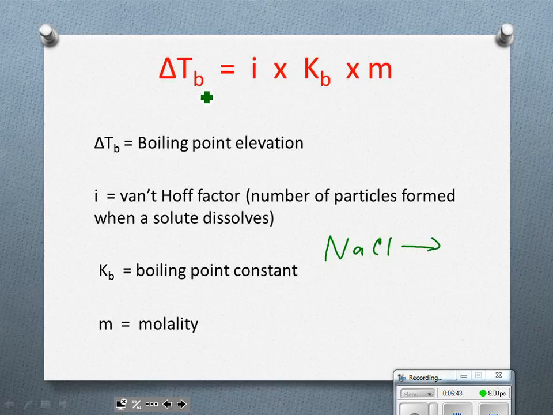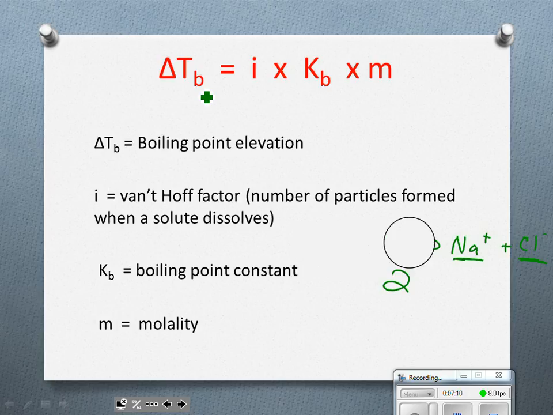When we dissolved it in the water, it dissociated into Na+ and Cl-, correct? Now, how many things did that dissociate into? 2. You know what Van't Hoff's factor is for sodium chloride? 2.